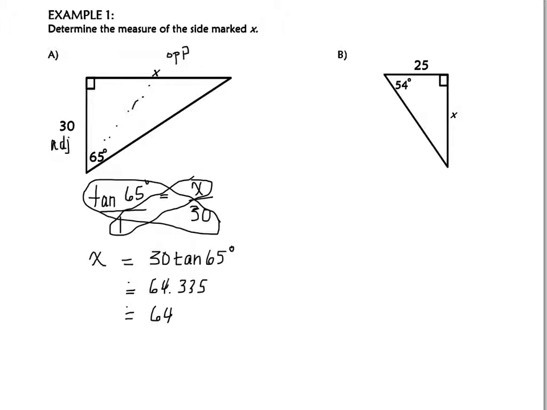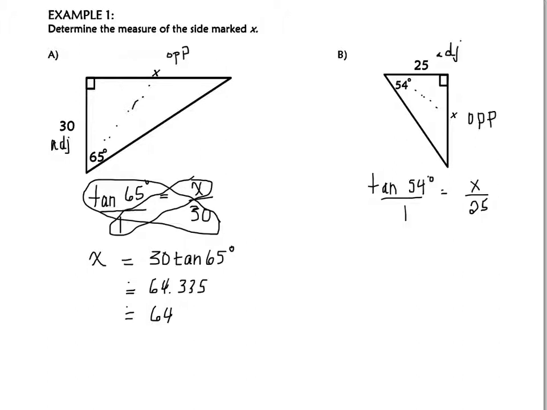The next one, if you look at the information that you have, you're given this angle here. You do not know the side opposite again, but you do have the adjacent side to that angle. So again, we can use tan, set it up. Tan of the angle 54 degrees is equal to opposite, which is x again, over adjacent, which is 25.